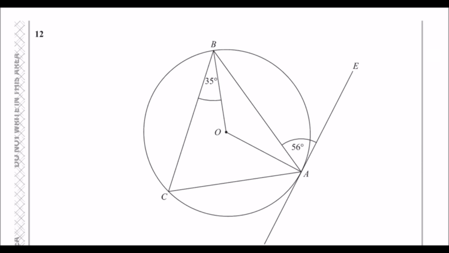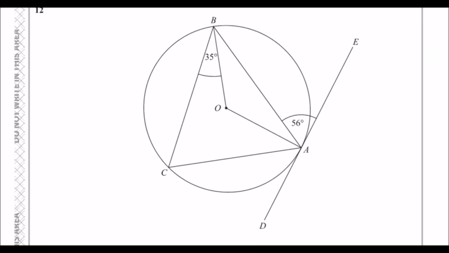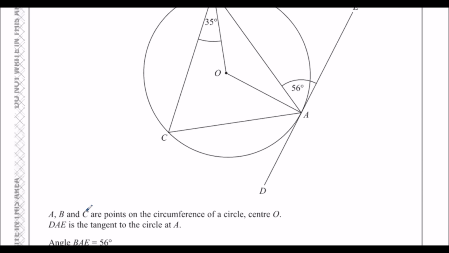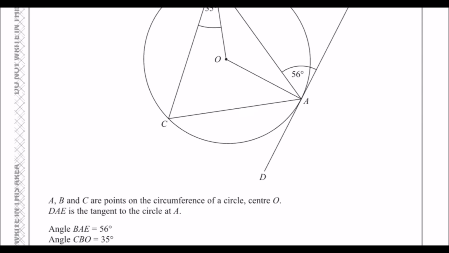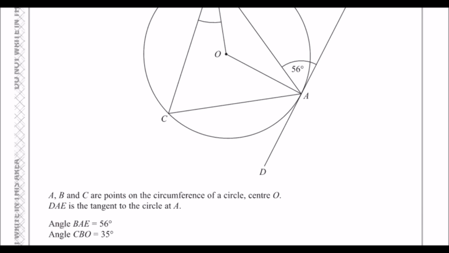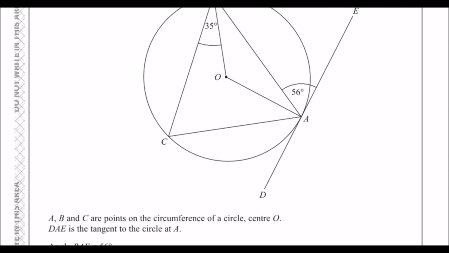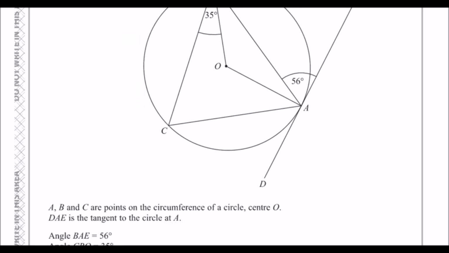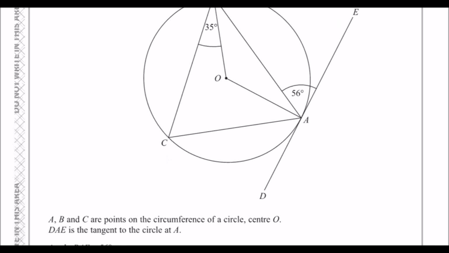Question 12. So we've got a circle theorem question here. Just check all the information is on the diagram. So A, B, and C are points on the circumference of a circle, center O. DAE is a tangent to the circle at A. Angle BAE is 56.